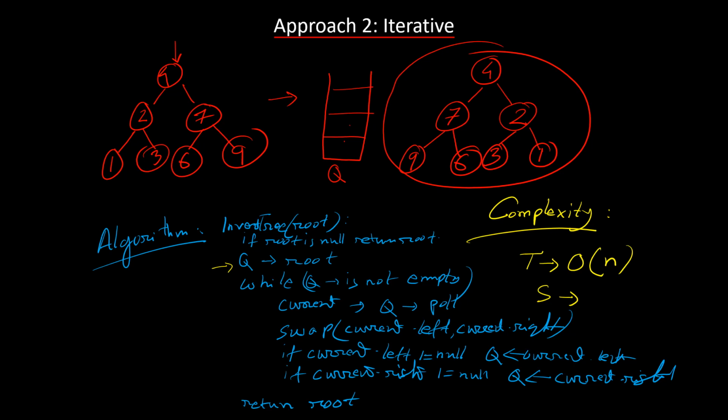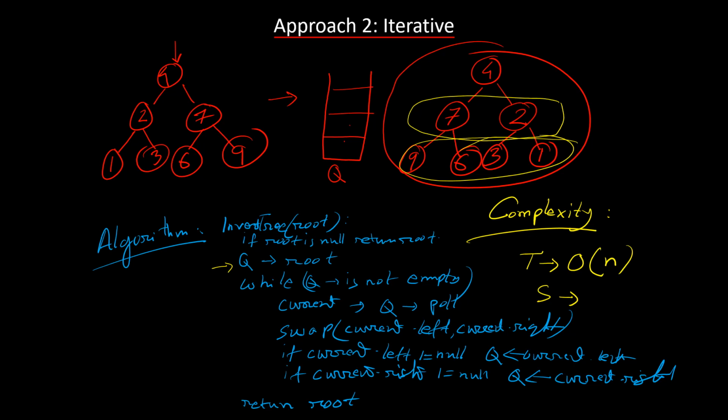In this scenario, first of all we added 4, then 7 and 2, right? So the queue size could be the level nodes. For example, at this time it maintains this level, which is 7. Similarly for this one, it could maintain this level.